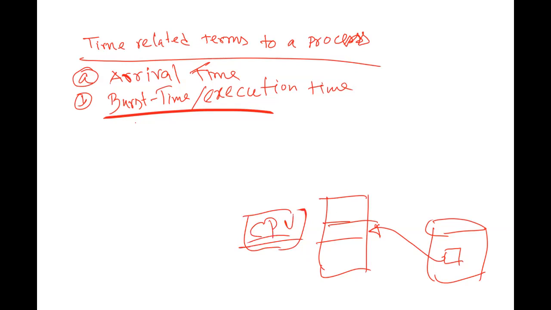Let's say process P1 needs 10 nanoseconds to complete its execution. So 10 nanoseconds is its burst time or execution time.